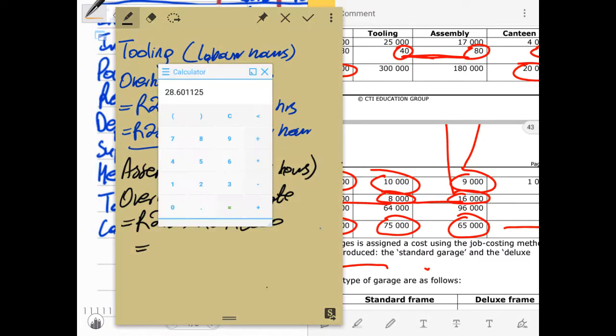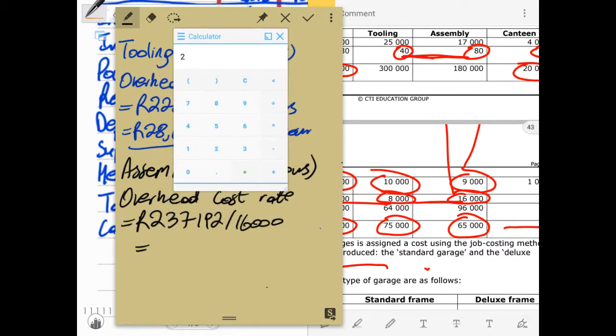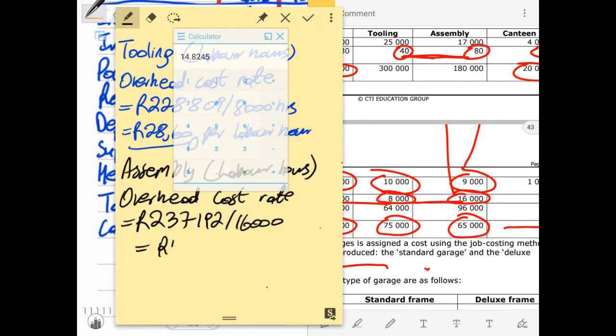Then we calculate that: 237,192 divided by 16,000, and that gives us 14 rand 82 cents per labor hour. And that is our overhead rate.